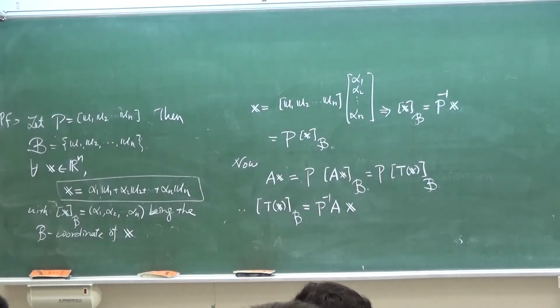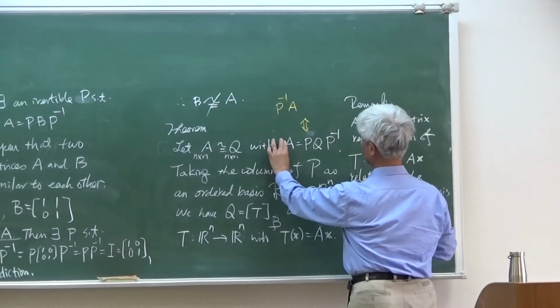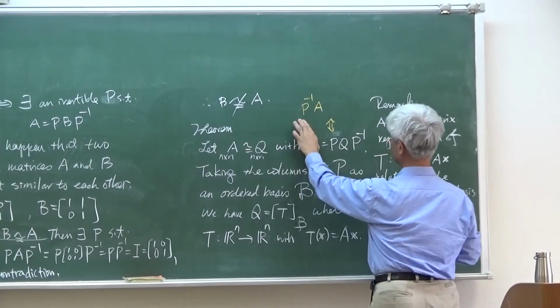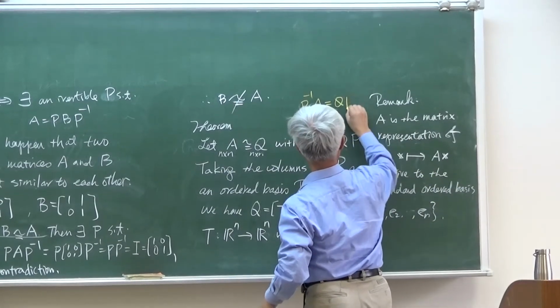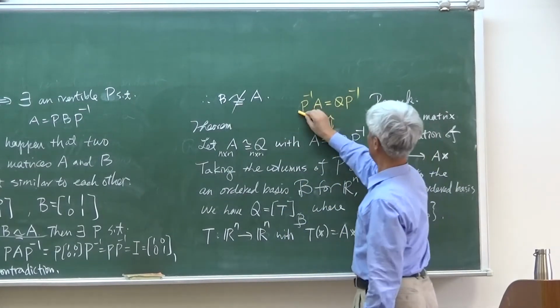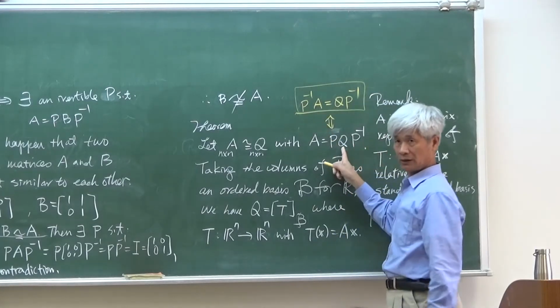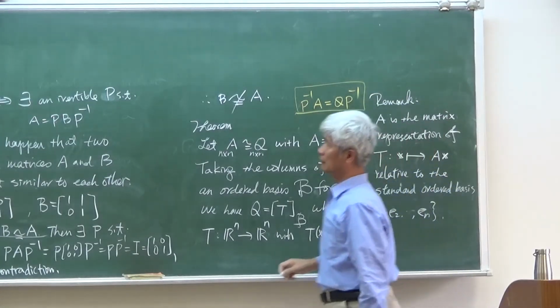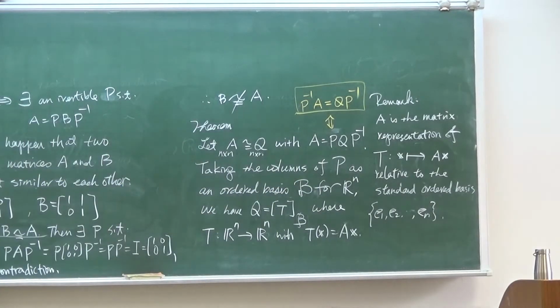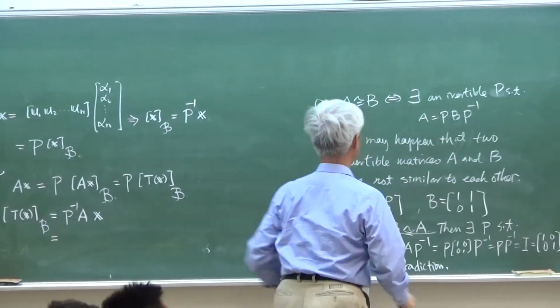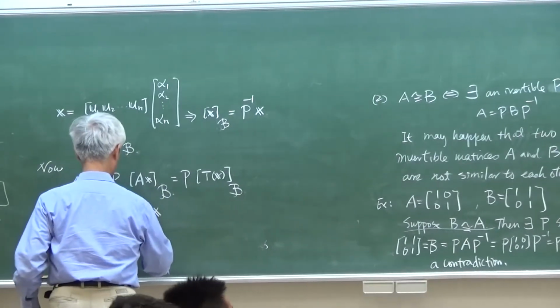But we know from here, when we multiply P inverse on the left, P inverse A is equal to Q P inverse. So we have this identity from this equation. So now P inverse A x is Q P inverse x.